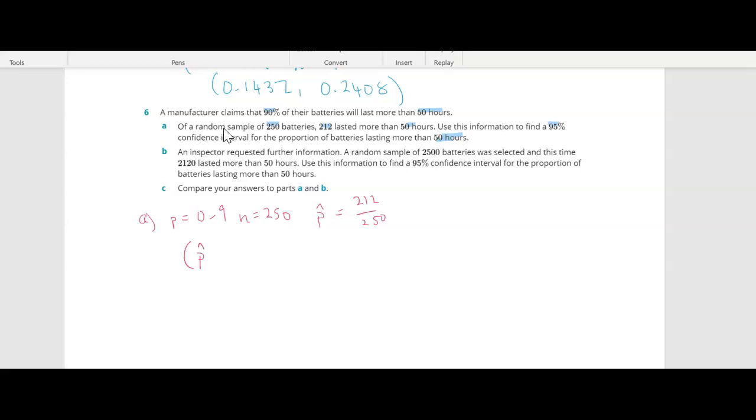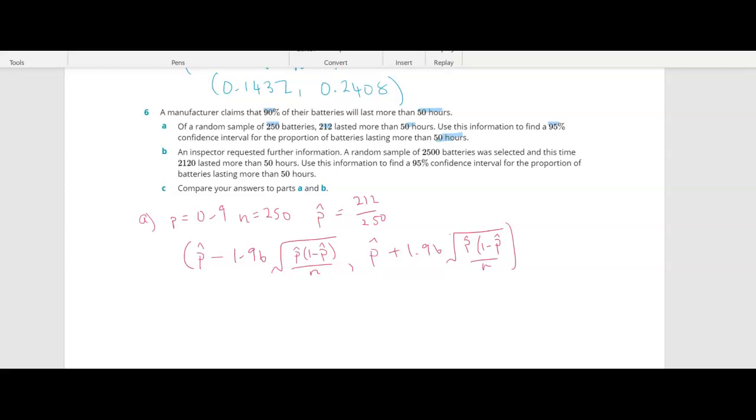So we've got P hat minus, so 95%, 1.96 times your standard deviation, and then plus. And there's your standard deviation.